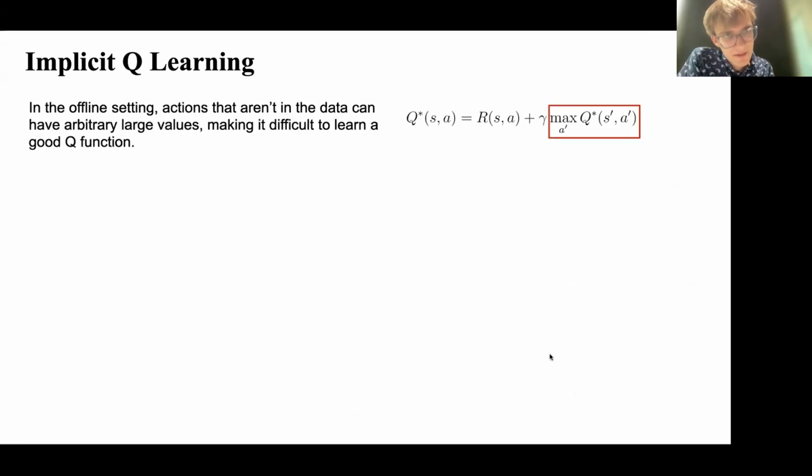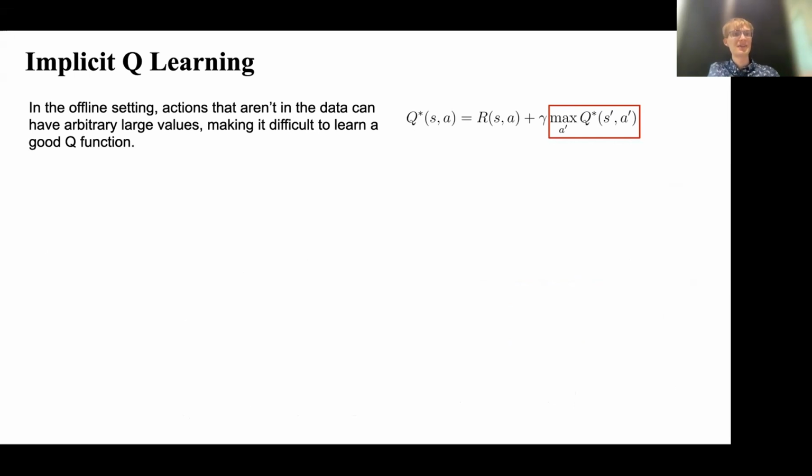This doesn't work in the online RL or offline RL setting generally, because we're taking this maximum over actions on the right side of the Bellman equation. We're considering every action possible, which might include actions that are totally out of distribution for the data set. And so we have no idea how to estimate the value of those actions since they're not in our data set.